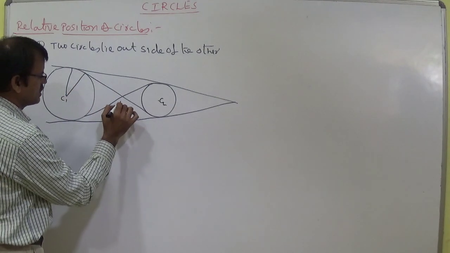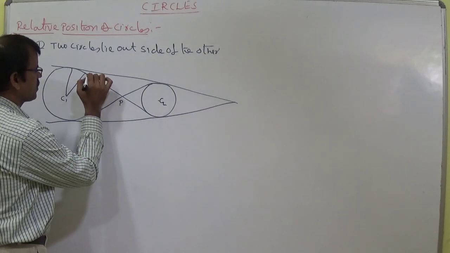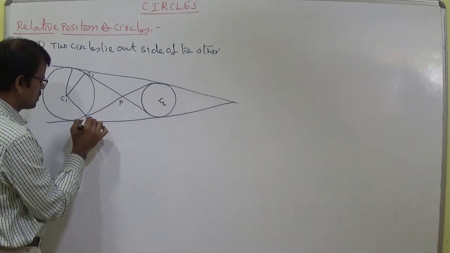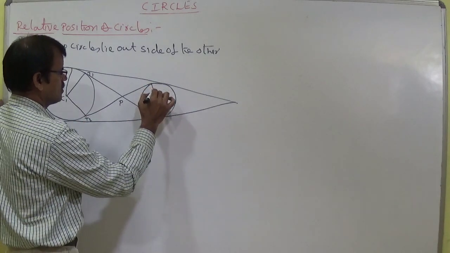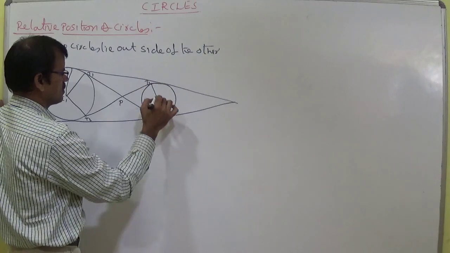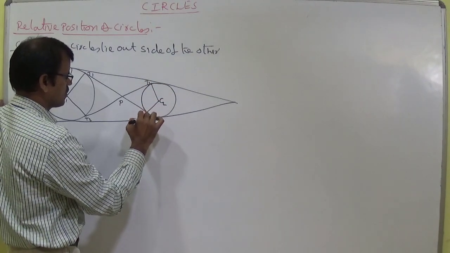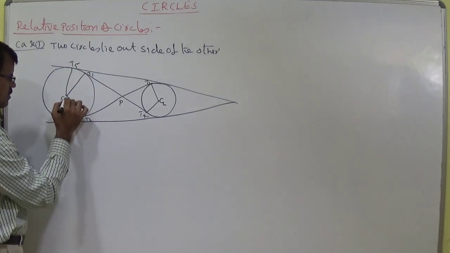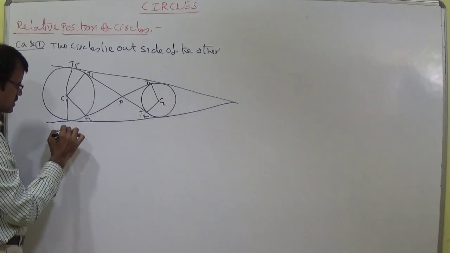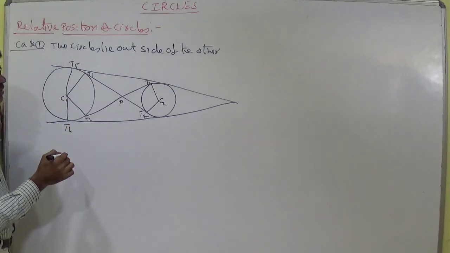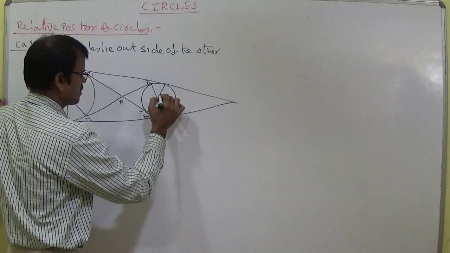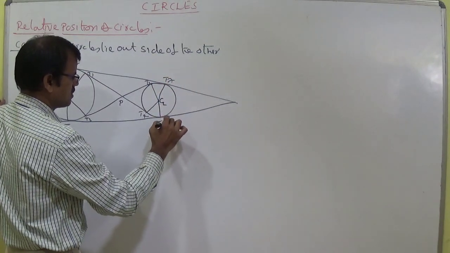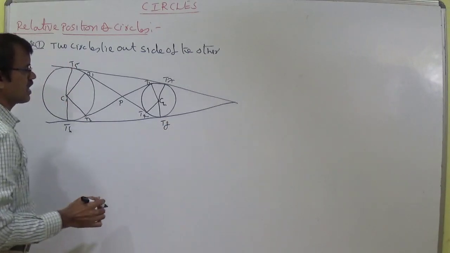Let these two tangents intersect at point P. Put here T1 and here T2. This is T3, this is T4, this is T5, this is T6. Of course you can mention any letter. T means tangent, students. This is T7 and this is T8, wherever the points of contact are formed.